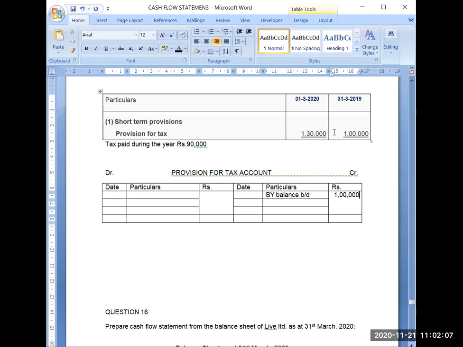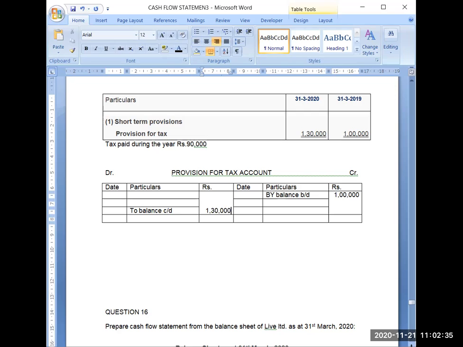And closing balance will also be a credit balance, but closing balance is always calculated on the opposite side. So here we will write to balance carried down. This is the closing balance of provision for tax account, that is given 1,30,000. Yes, please.